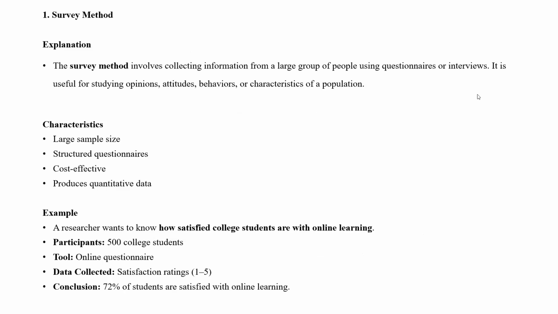First one, survey method. The survey method involves collecting information from large groups of people. For example, the census survey is taken for every person at year end, everywhere. The survey is also taken for population calculation. So from a large group of people, using questionnaires or interviews, they collect the data.